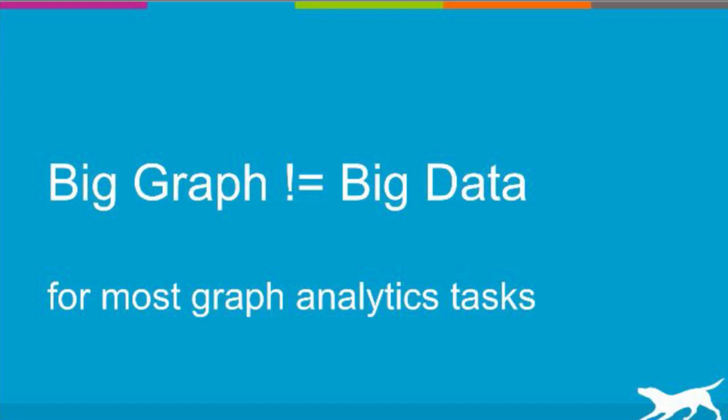So the most valuable lesson I've learned from the success of GraphChi is that big graph does not necessarily mean big data. If you're talking about most of the graph analytics tasks, to represent a big graph requires a lot less space or storage than traditional big data.